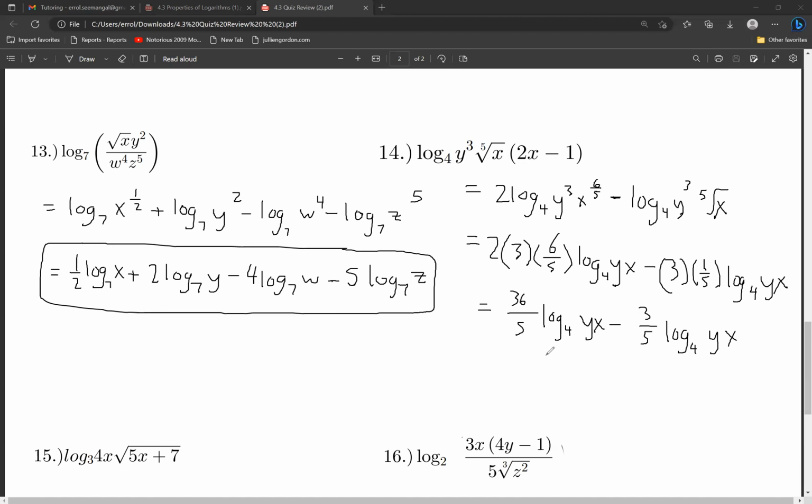Okay, so now actually this is the same as this. So 36 over 5 minus 3 over 5. What is that? 36 over 5 minus 3 over 5 is 33 over 5. Yeah. 33 over 5 log base 4 of yx.